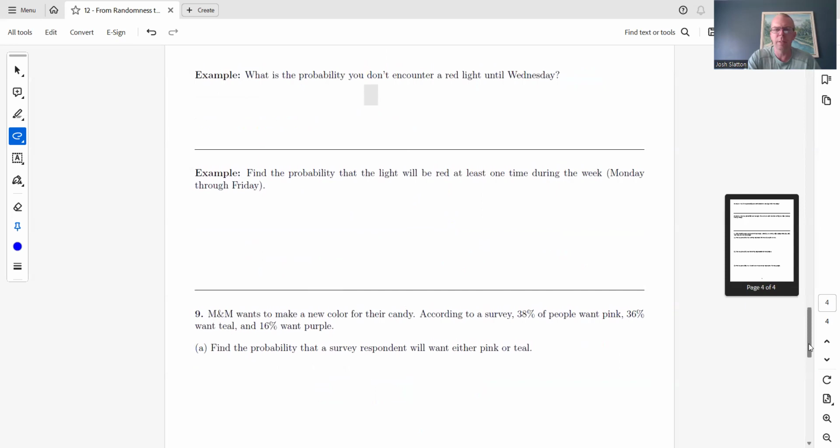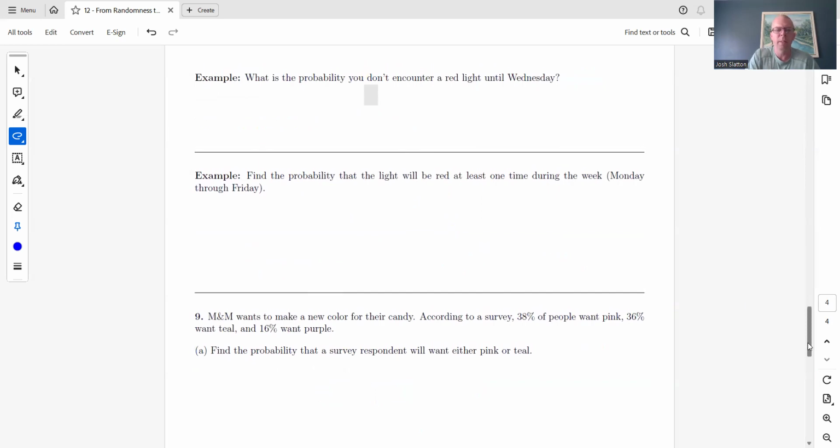Moving along. What is the probability that you do not encounter a red light until Wednesday? We'll assume we start on Monday. On problems like this, where you have a sequence of events, or as we'll see on number 9, where we're going to call 3 people or survey 3 people, it's a good idea to think about what you want to happen in each space.